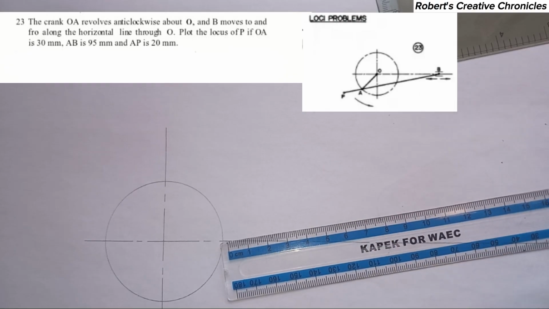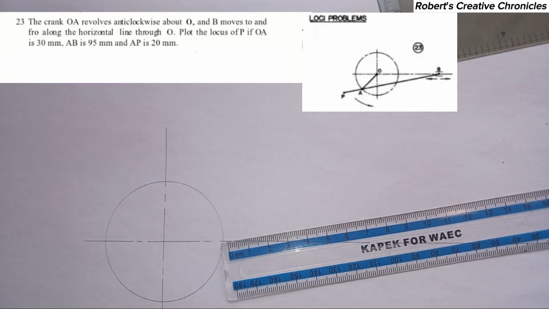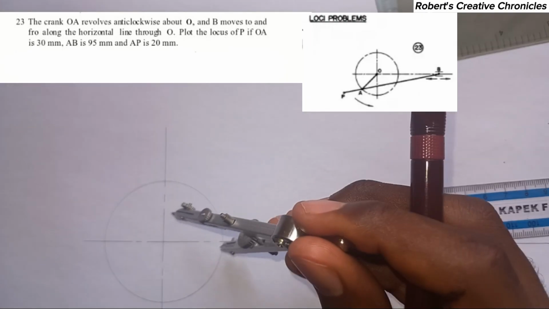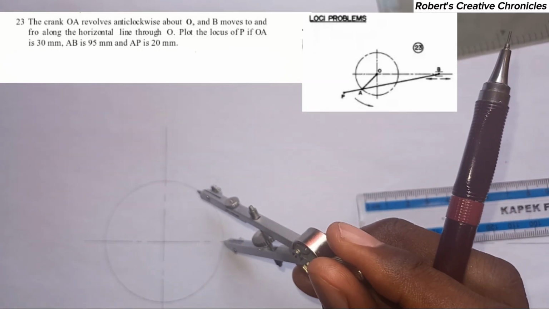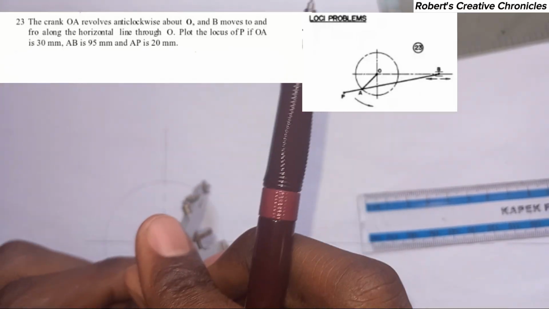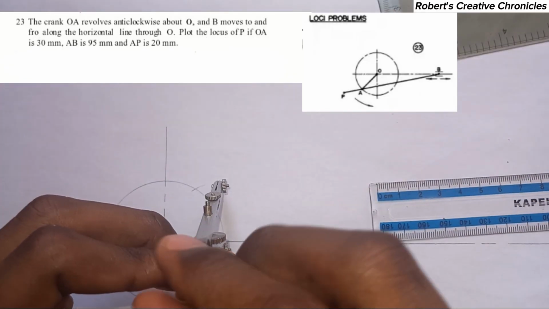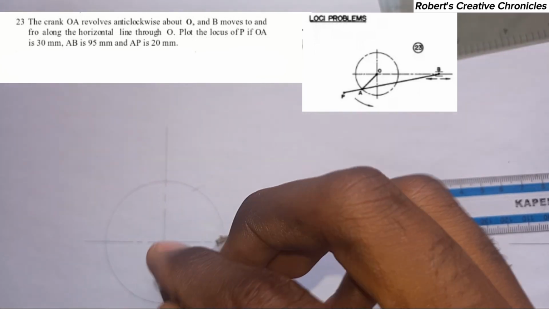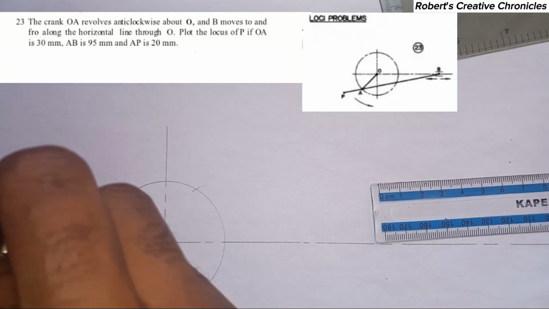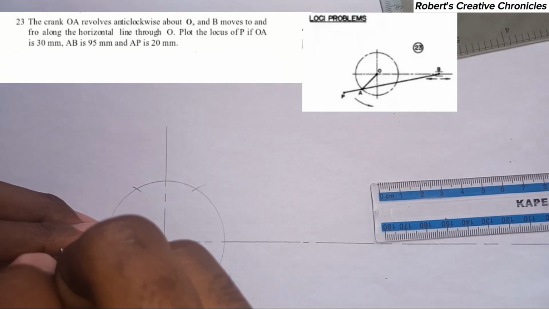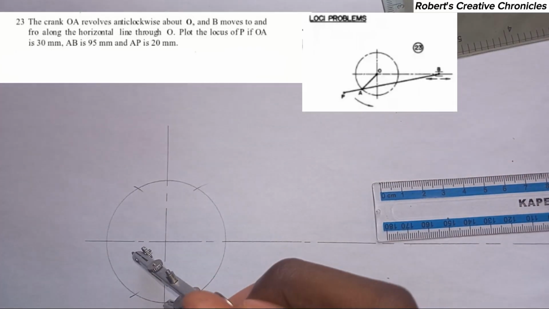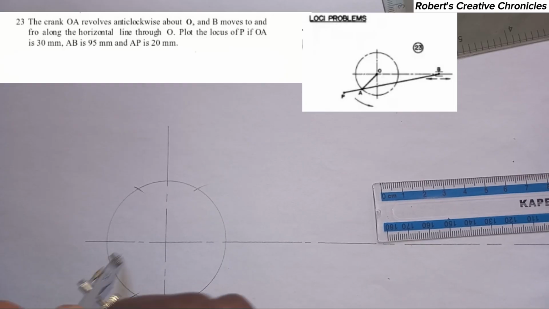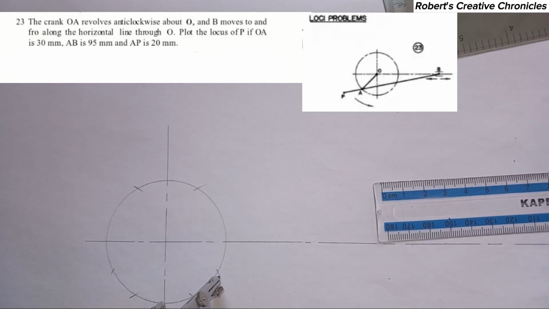So we'll divide this circle into 12 divisions with the same radius. Put it here, you cut here and put this pen down. Put it here, you cut here and cut here. Put it here, cut here. Then you put it here, cut here and here.